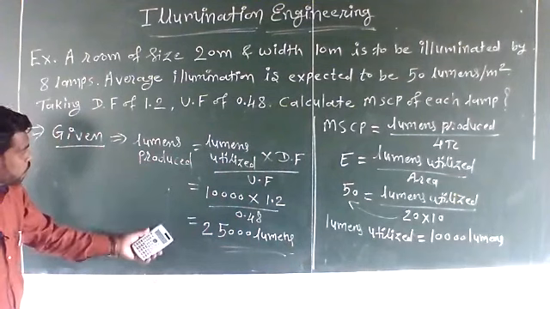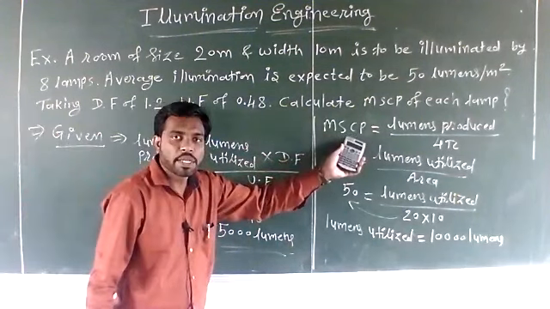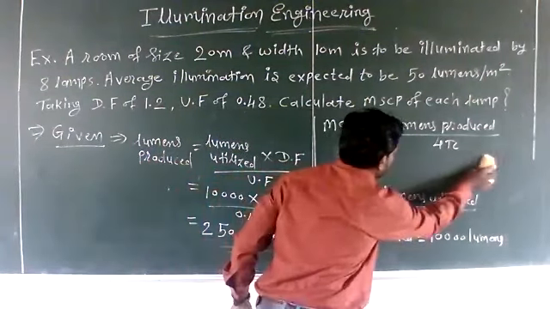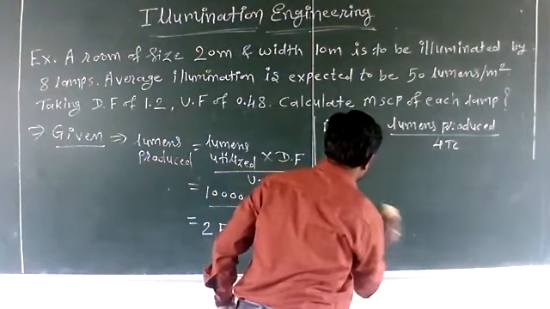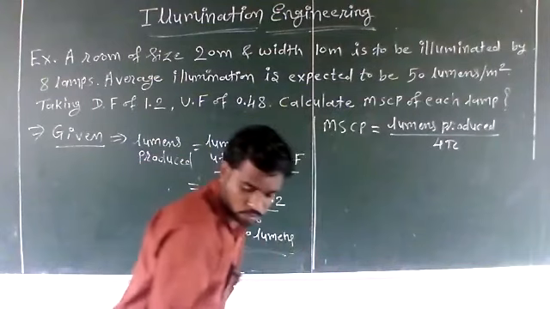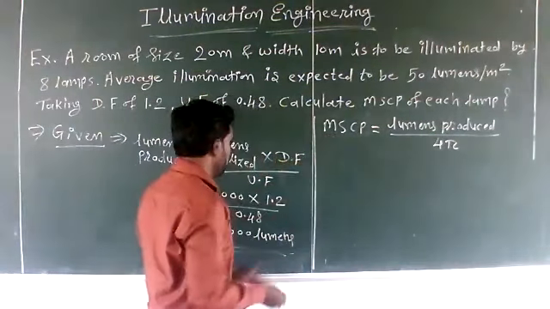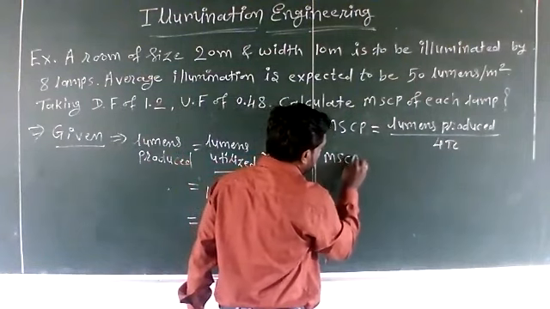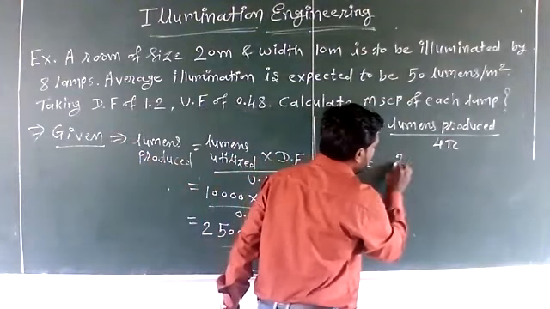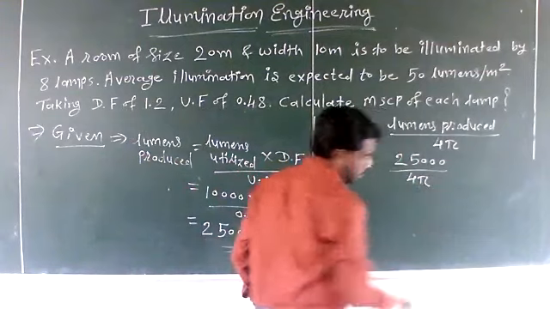Now from this value, we can calculate the value of MSCP. So MSCP is equal to the lumen produced, which is now 25,000, divided by 4 pi.